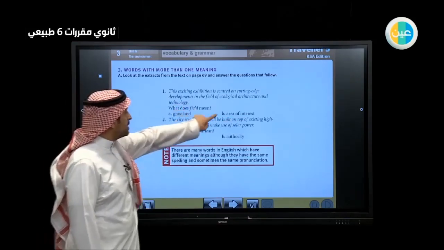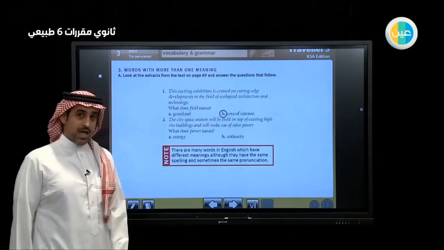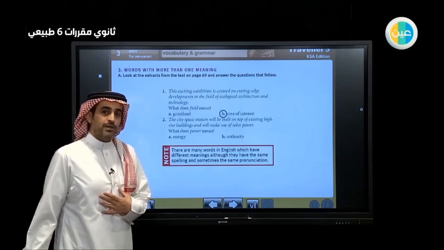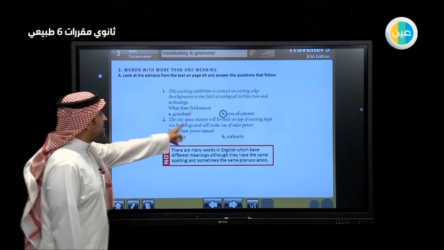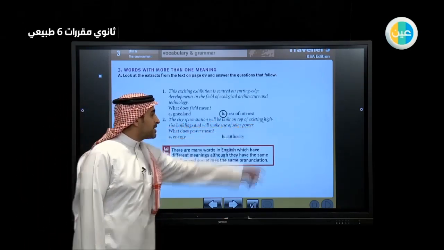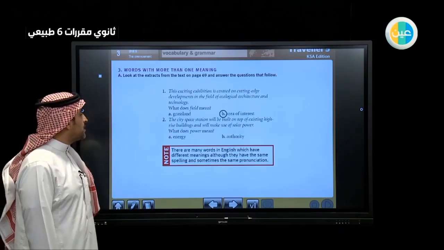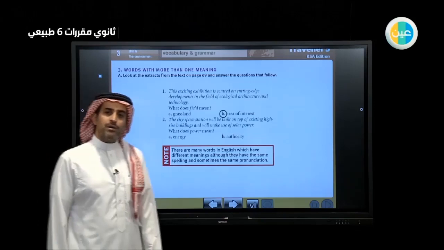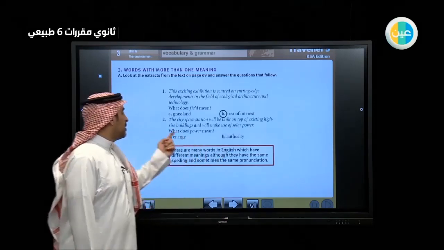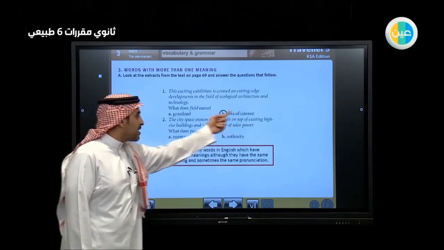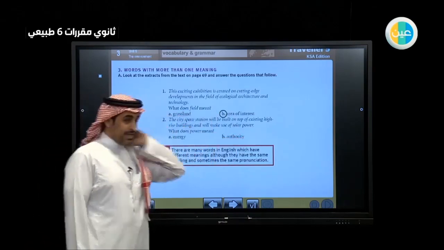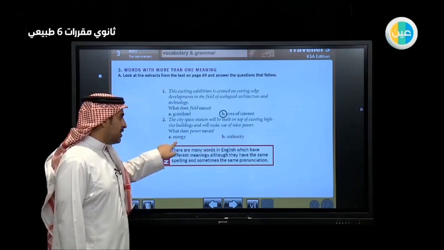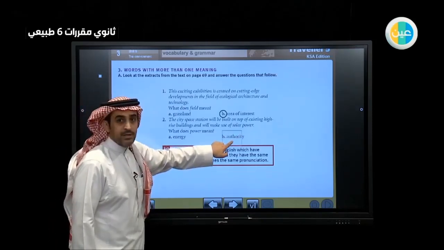In this sentence, it's an area of interest. I study in the field of English language in an education college. The city space station will be built on top of existing high-rise buildings and will make use of solar power. What does power mean? You can find the answer from the context. Solar power: is it energy or authority? It's energy.